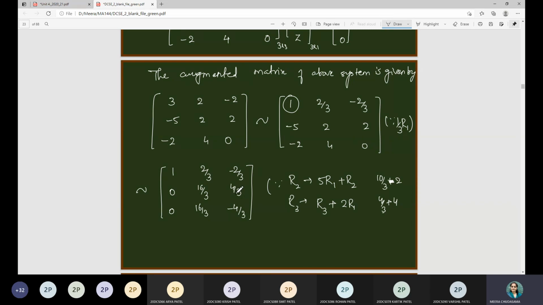What about this entry? If I talk about second row third column, it is minus 10 by 3 plus 2. Yeah, so it is minus 4 by 3. Sorry for this one. Make this correction over here. This is minus 4 by 3.